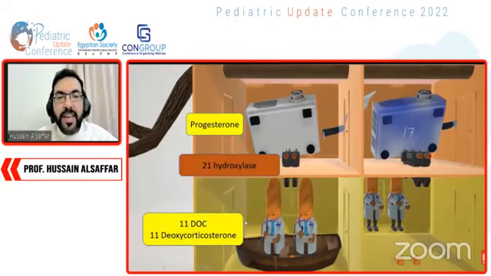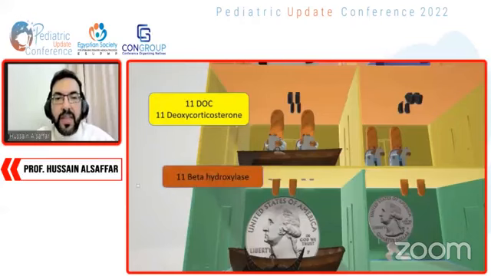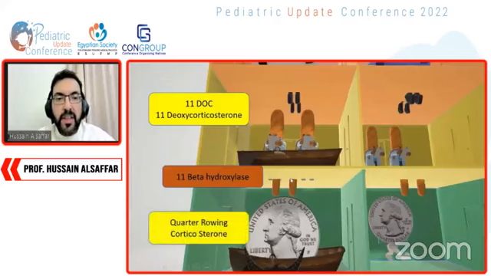Like 11 doc, which is made to remember 11-deoxycorticosterone. And then underneath the 11-deoxycorticosterone, we have the 11-beta hydroxylase to remove the 11 from there. That will lead to corticosterone.